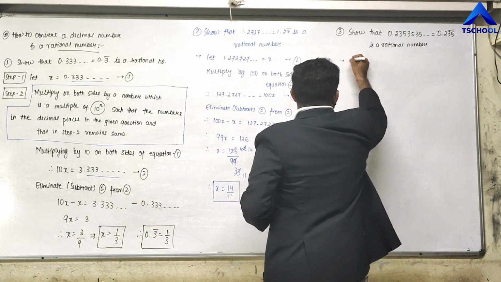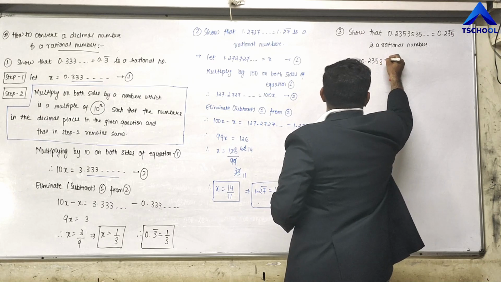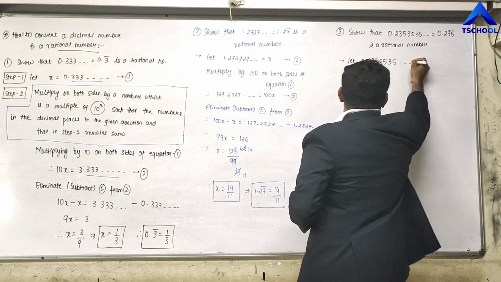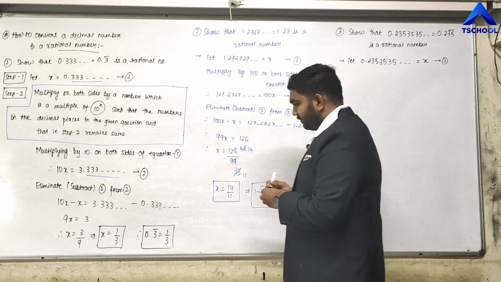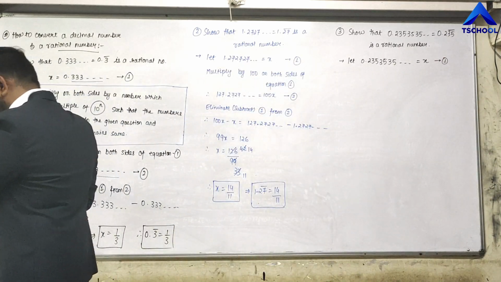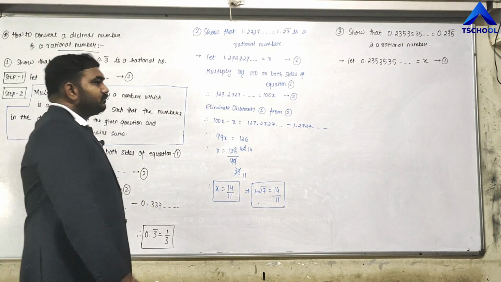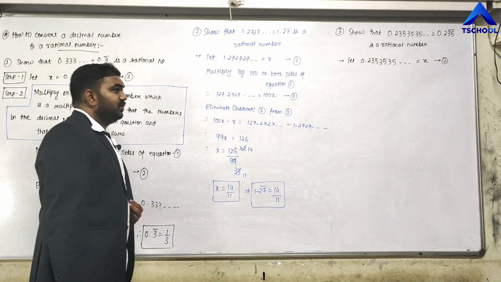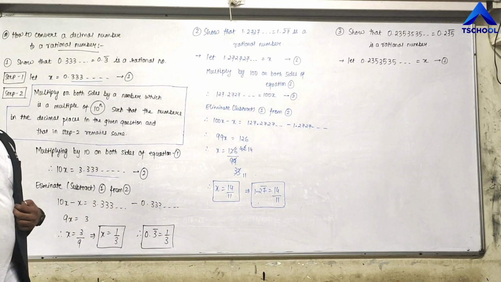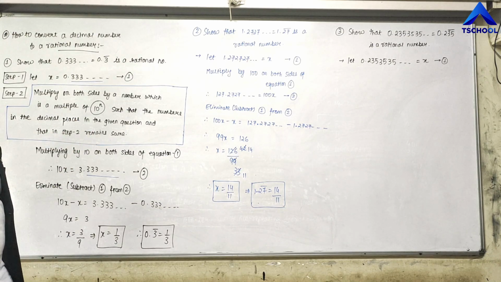So what is the first step? Let 0.235 bar be equal to x. This is my very first step. The next step is, if this is equal to x, then look for such a number that we get the same numbers after the decimal places.